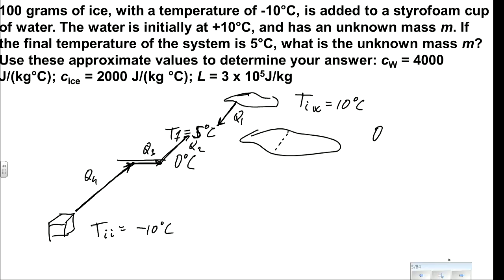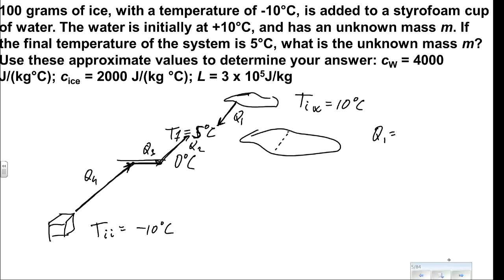For example, Q1 is equal to, well, every time we make the same choice between Cm delta T or L times M. The choice depends on what type of process is happening. If it's a temperature change, Cm delta T. If it's a phase transition, L times M, or plus or minus. So for Q1, what should we write?